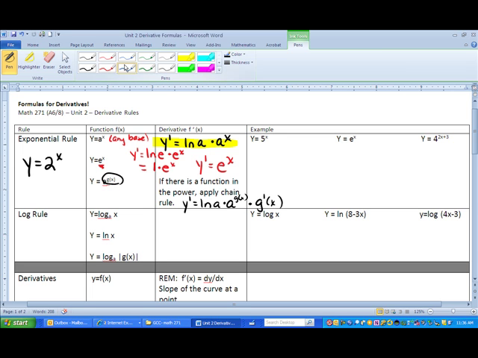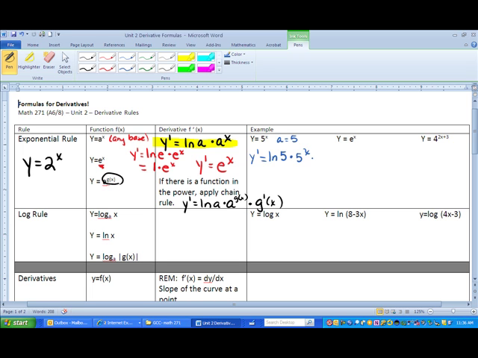The first example, y equals 5 to the x, has a base of 5, so our a equals 5, and we just have our x up in the power. So we're going to use the highlighted formula and do the ln of a. So we're going to do ln of 5 times 5 to the x, the original function.